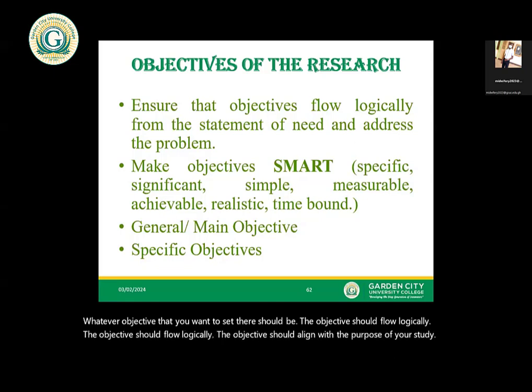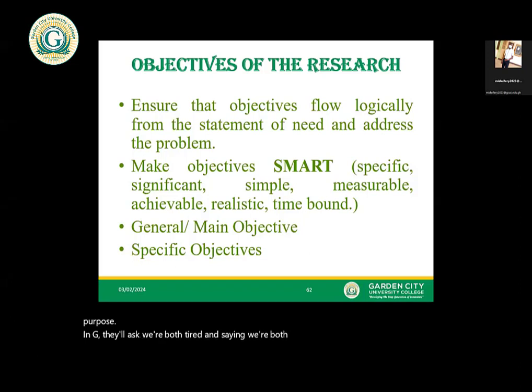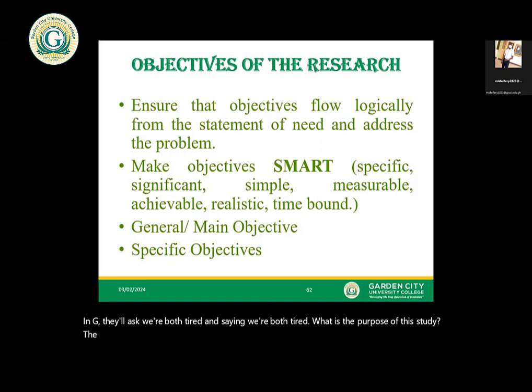Your objective should align with whatever you are doing, and whatever you are doing is the purpose. In a viva, they ask, what is the purpose of this study? The purpose is to assess barriers. And if your purpose is to assess barriers, how are you going to measure the barriers? That is what brings you to the objective.